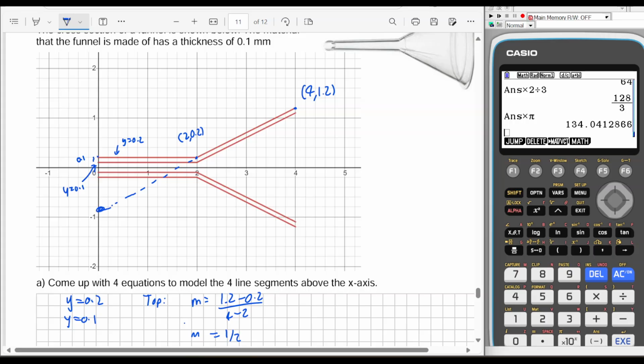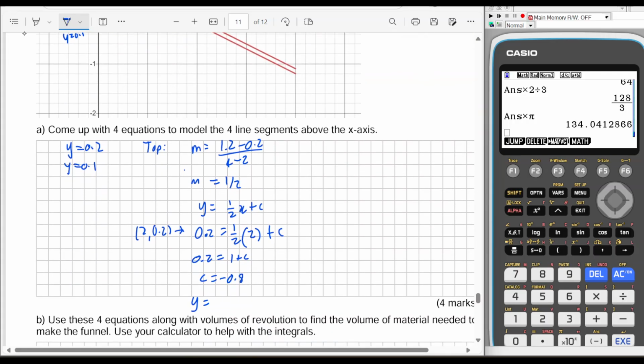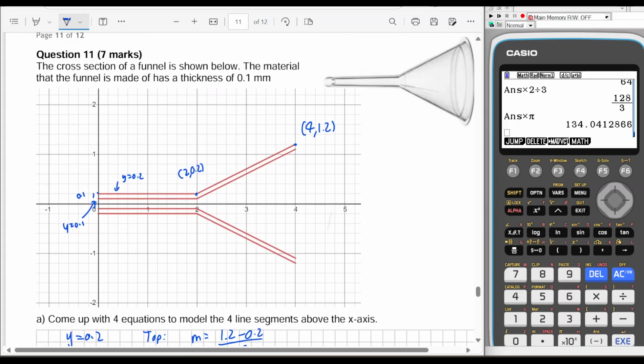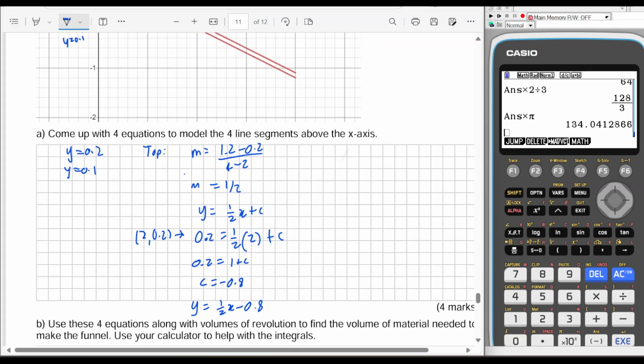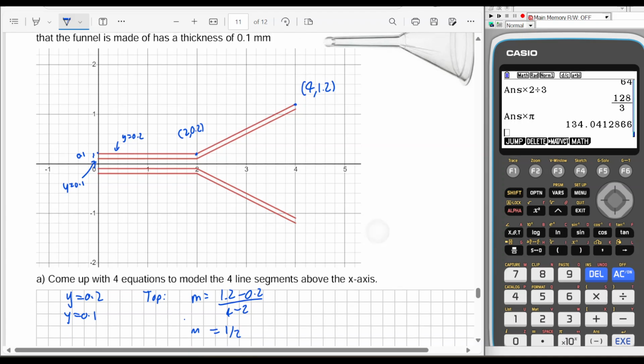You probably would hit about minus 0.8 if you do that with the same slope. So that's one of the lines. So y is half x take 0.8. And then the other line is just, because the thickness is 0.1, the other line is 0.1 lower. So the other line is y is half x take 0.9 if you do that one.